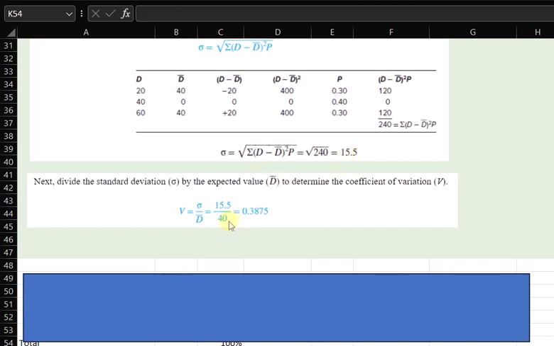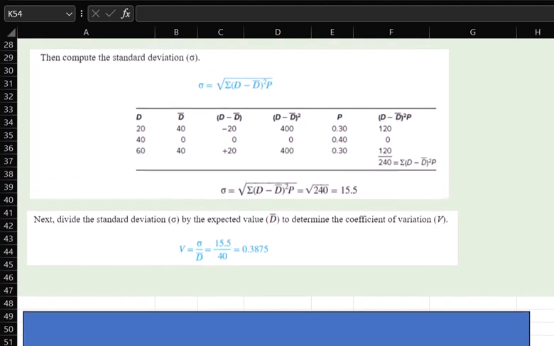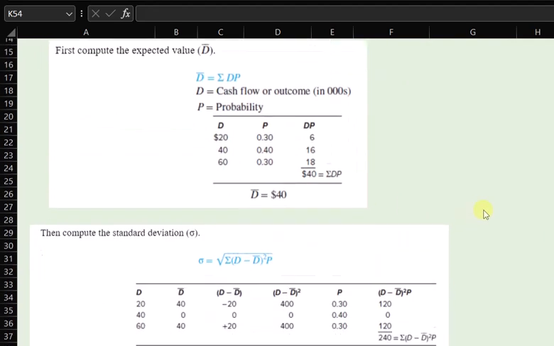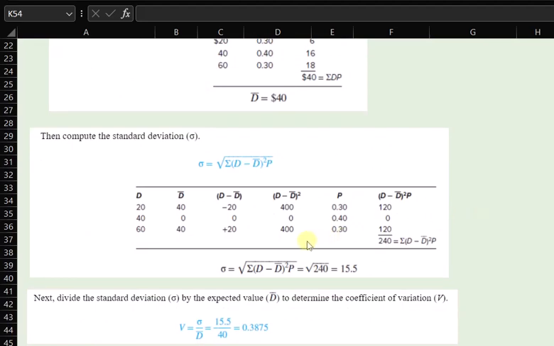The expected value of 40 we computed way up top here. And when we do that, we've reached the final answer, which is 0.3875 or 38.75%.